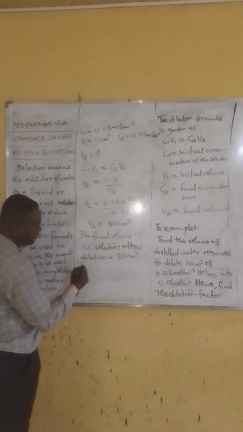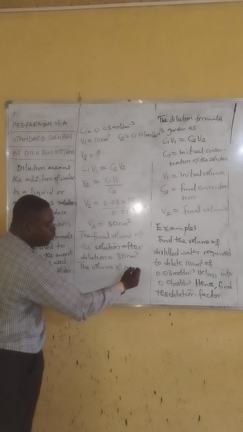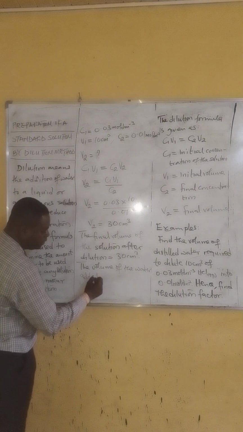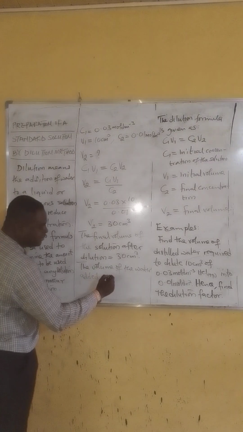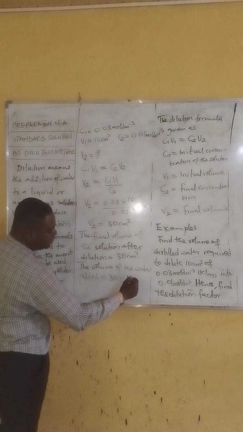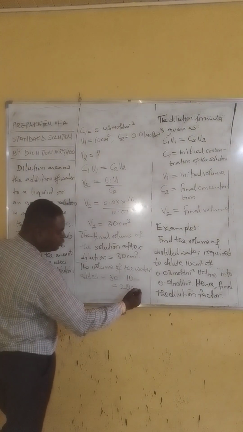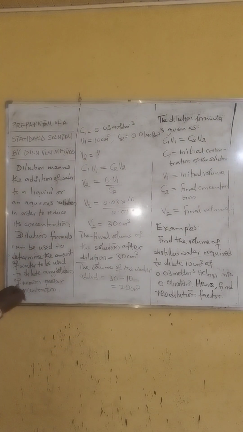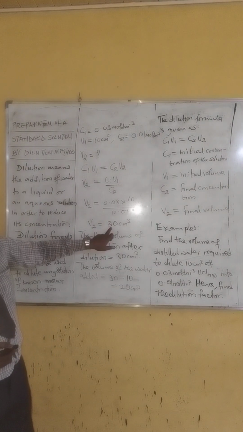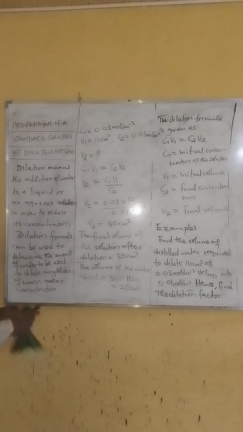Now, the volume of the water added will be 30 minus 10 cm³. So the answer is 20 cm³. So 20 cm³ have been added to 10 cm³ to get the 30 cm³ here. Then what is dilution factor?